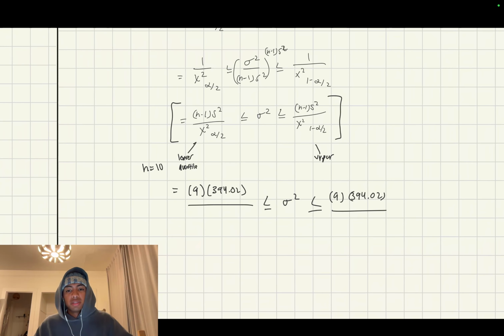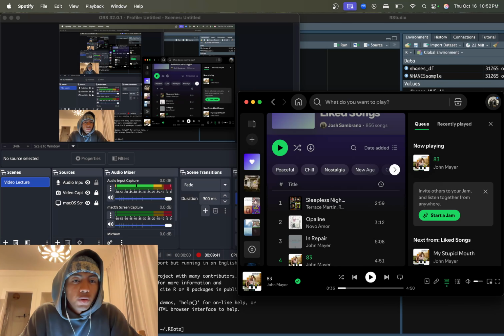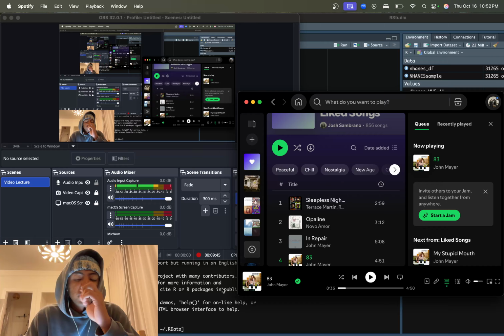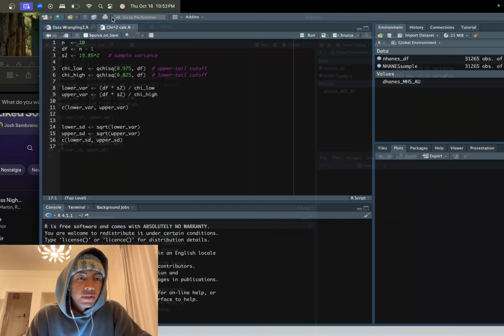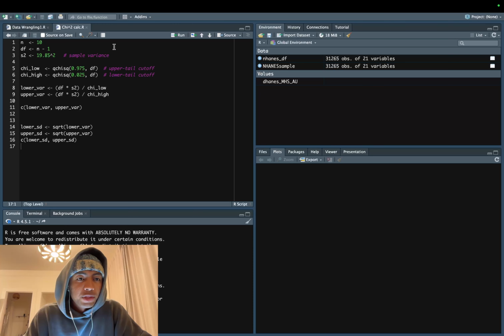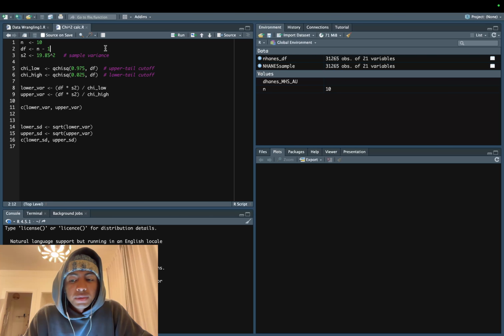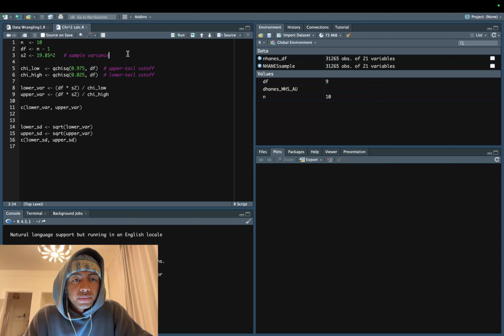One way we can do this is look at the chi-squared distribution table. But another thing we can do here is do it in R. So let's go ahead and put these in. I pre-entered these.